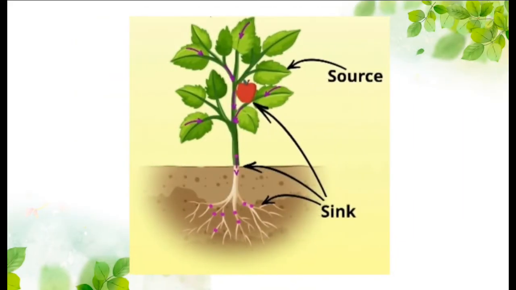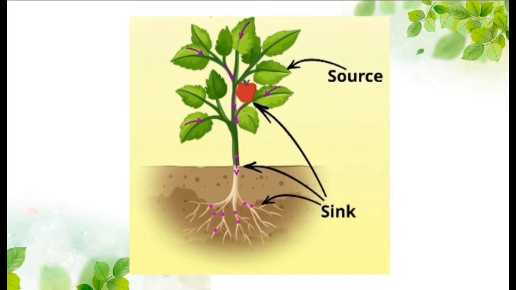Some of the organic food materials, especially glucose, which is converted into sucrose along with amino acids, has to be gathered from the source cell, that is the region where excess sugar is present in the leaves, to the sink cell, that is the region where the sugar is needed or stored, which includes the roots, stem, fruits, and the seed. Humans wonder how does this transportation of food material occur?